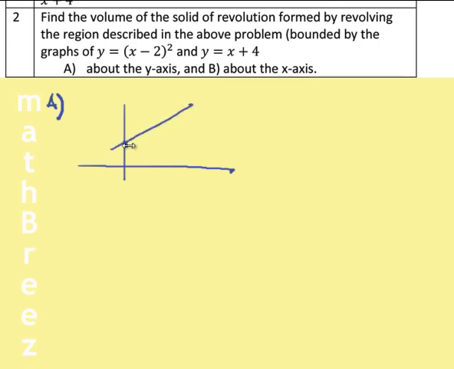The slope is 1, and here this is the point 0, this is 5. And we're looking at x minus 2 squared. Here's 2.